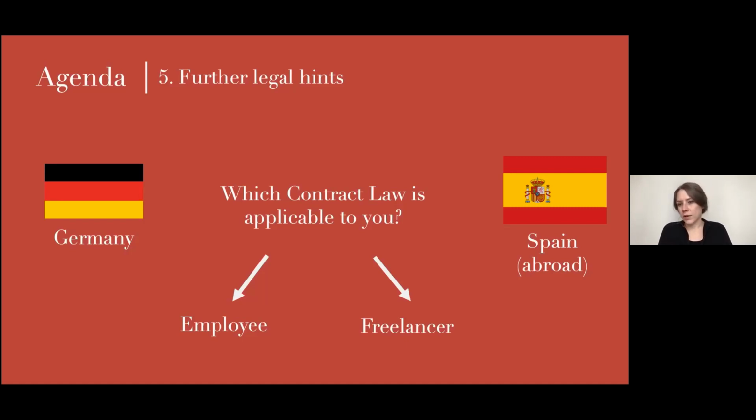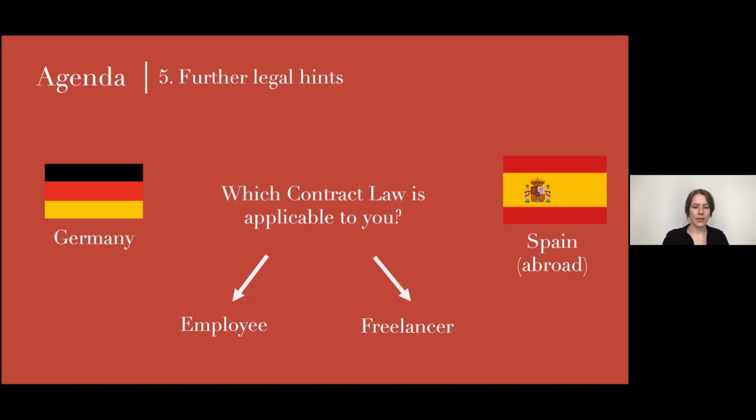And this can be helpful, but if, for example, you work cross-border for 2 months in Spain, for 2 months in France, for 2 months wherever within the EU or outside of the EU, then a court would say, okay, I don't know where you actually work. So in case of doubt, the applicable law is Germany, because your employer is sitting in or has his residence in Germany.